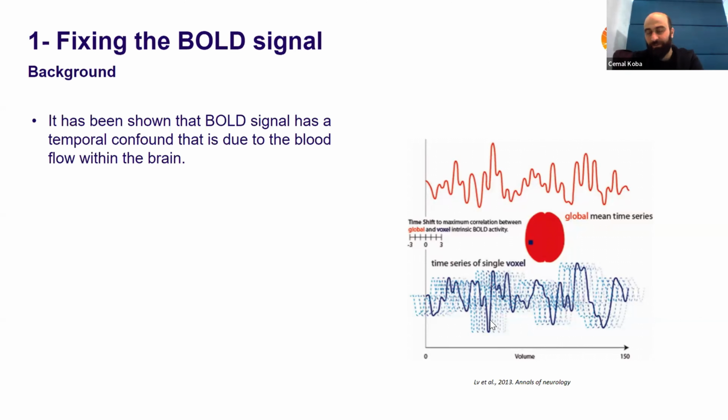And for each voxel, they just temporally move the signal, plus minus maybe, I don't know, 6 to 8 seconds, to see what is the time shift that gives the highest correlation with the global signal, the reference signal.